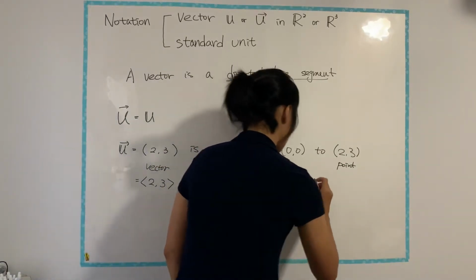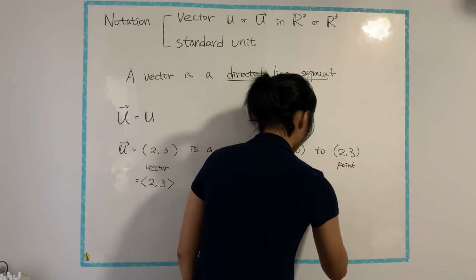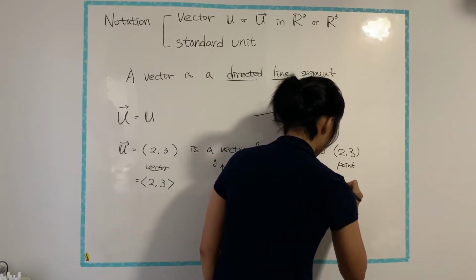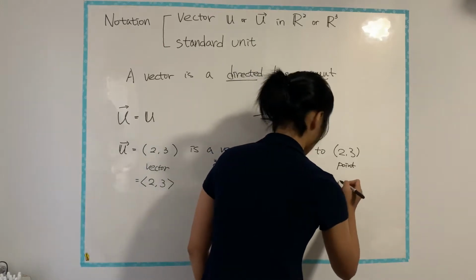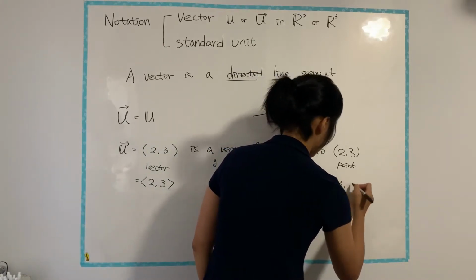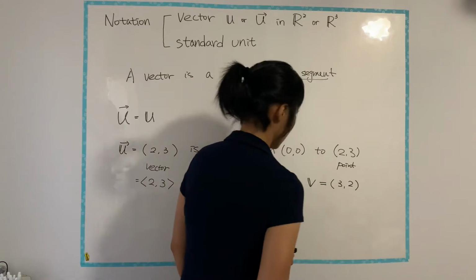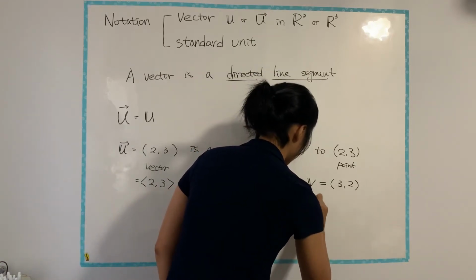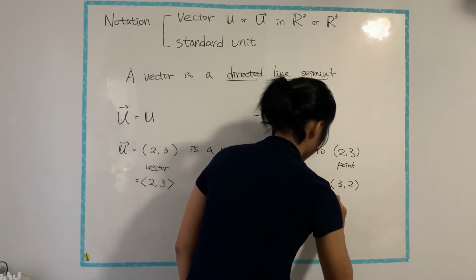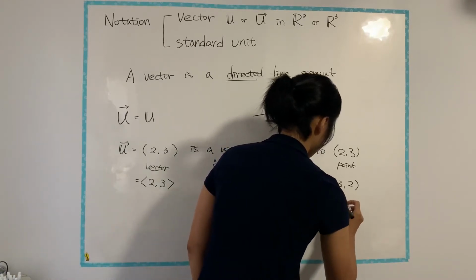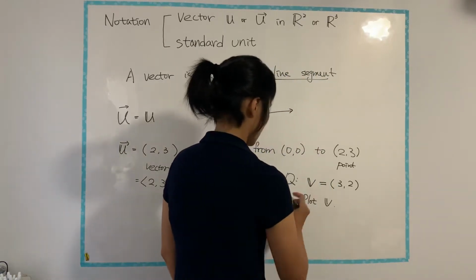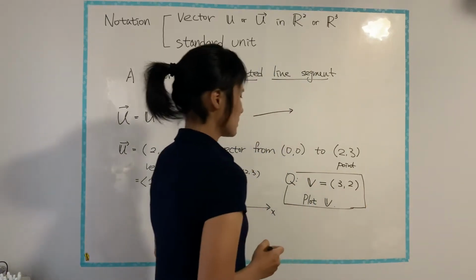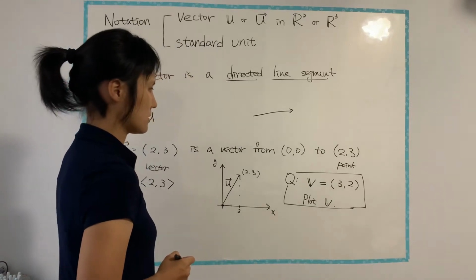Okay? All right. So question, if I have vector v being, let's say, (3, 2), can you plot vector v? Okay. Try to see if we can work this out.